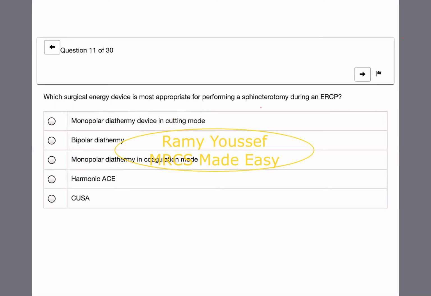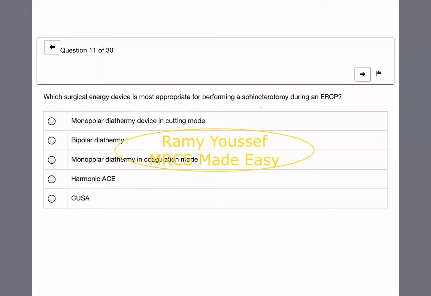Which surgical energy device is most appropriate for performing sphincterotomy during ERCP? Monopolar diathermy in cutting mode, bipolar diathermy, monopolar diathermy in coagulation mode, or harmonic ACE? I think it's monopolar diathermy in cutting mode. Exactly.